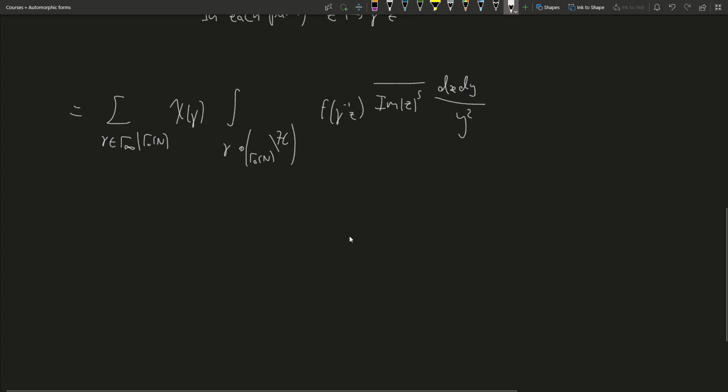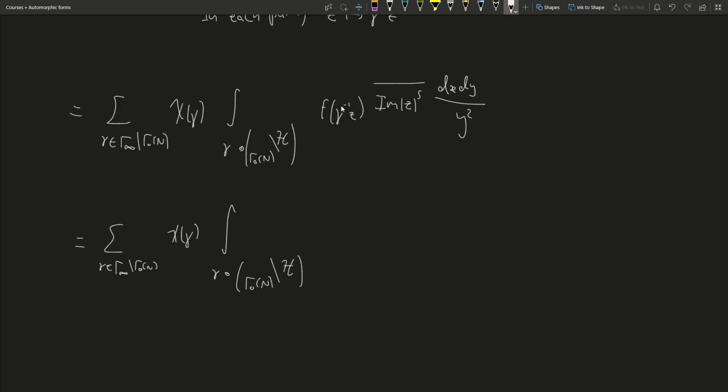Okay, and now this f of γ inverse z, remember we are assuming that f is an automorphic function of character χ, so we get the sum still over the same γ, and then we have our integral over γ acting on this fundamental domain, so wherever it sends it.